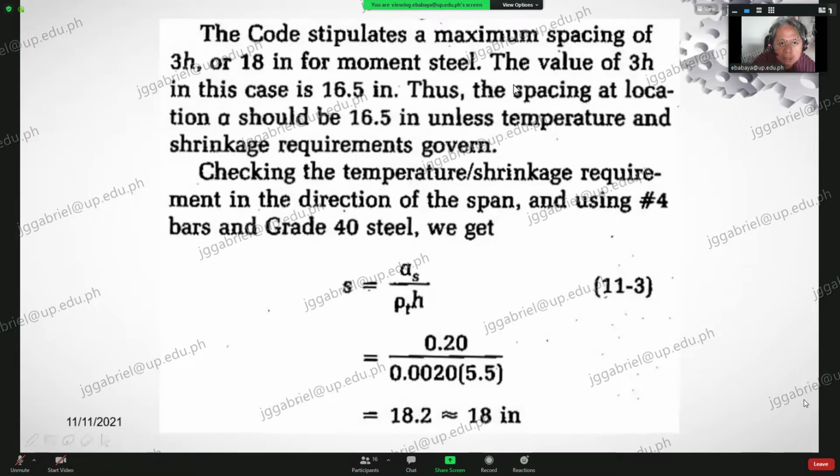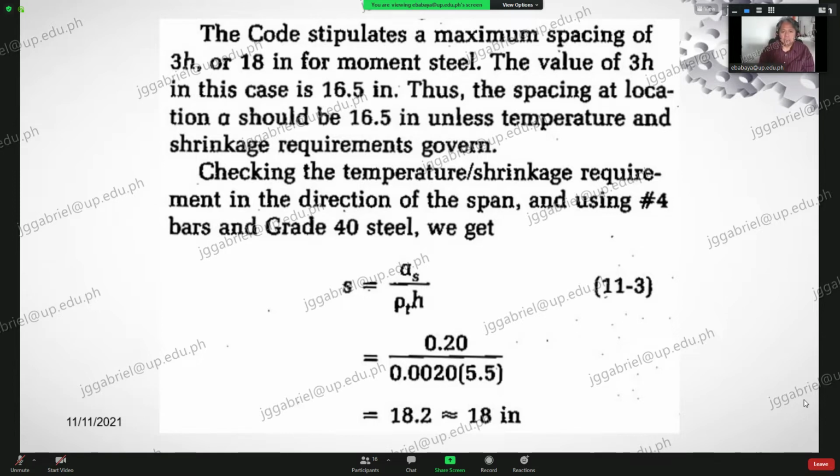Okay? Now it says the code stipulates the maximum spacing 3h or 18 inches for moment steel. The value of 3h in this case is 16.5. Thus, the spacing at location A should be 16.5 inches unless temperature and shrinkage requirements govern.